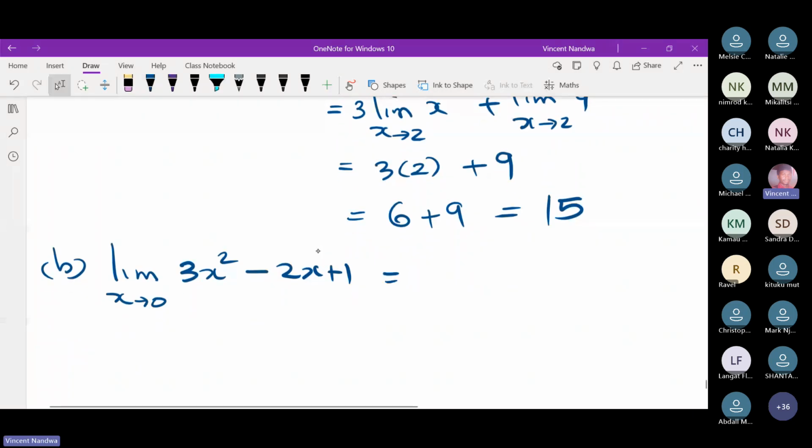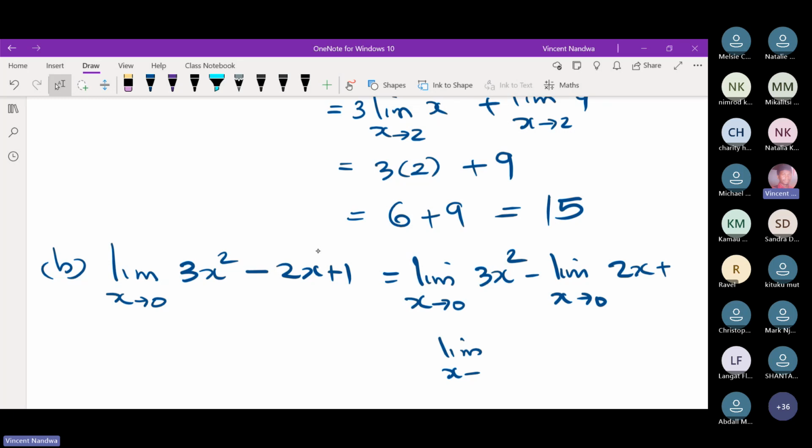So here you can write this as limit as x approaches 0 of 3x squared minus limit as x approaches 0 of 2x plus limit as x approaches 0 of 1.